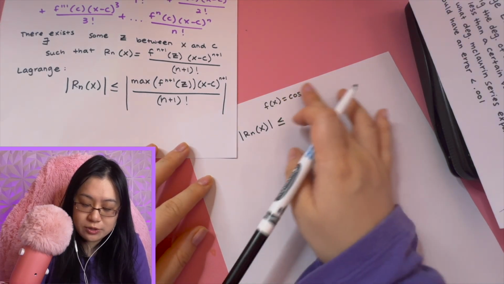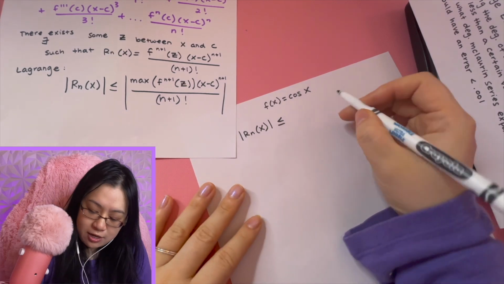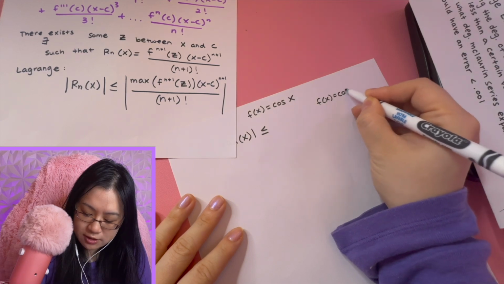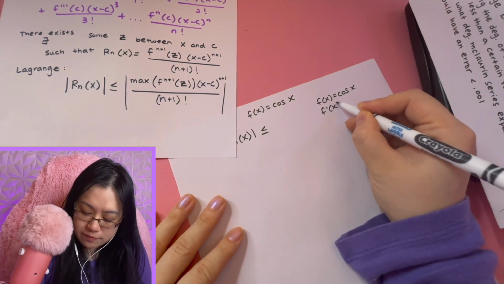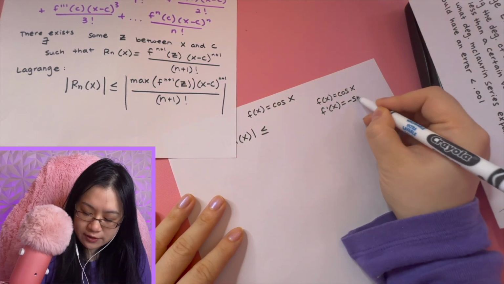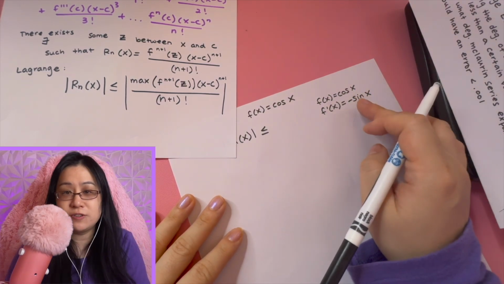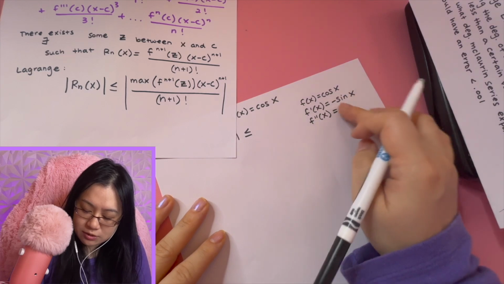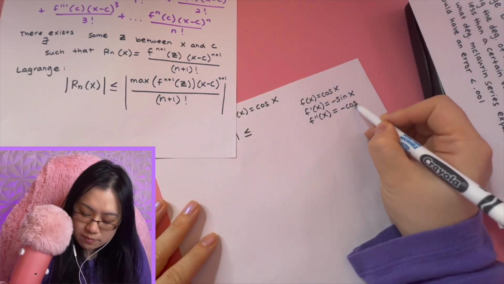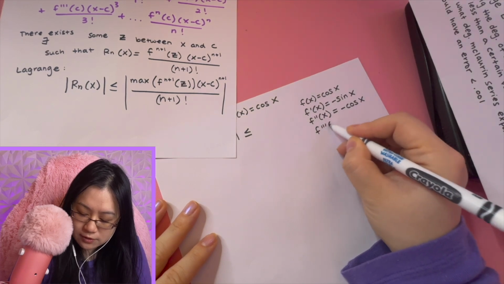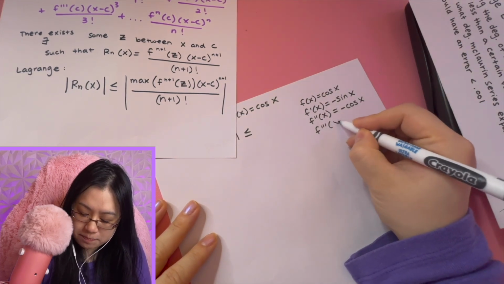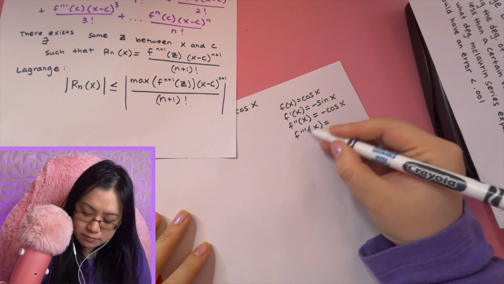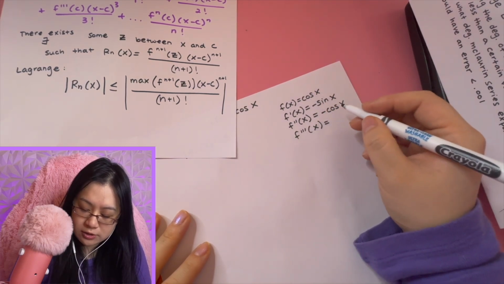Now, one thing to note is for cosine and for sine, if you look at this pattern here, so we have f of x is cosine x, f prime of x is negative sine of x. And again, we'll do these derivatives again here in a second, but I'm just trying to show you that if you were to write these out quickly, you'll notice that all of the derivatives have simply just cosine and sine in them, with just negative or positive 1 as coefficients.